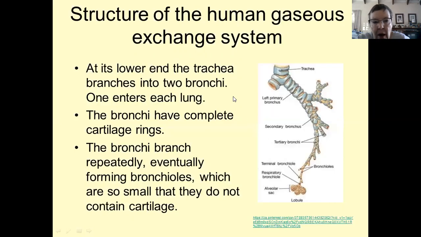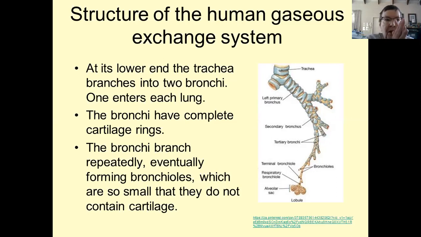All right. At the lower end the trachea branches into two what are called bronchi, plural bronchi, singular bronchus. So there is a right bronchus and a left bronchus. One bronchus enters each lung in the little concave section of the lung that is actually called the hilum, H-I-L-U-M.